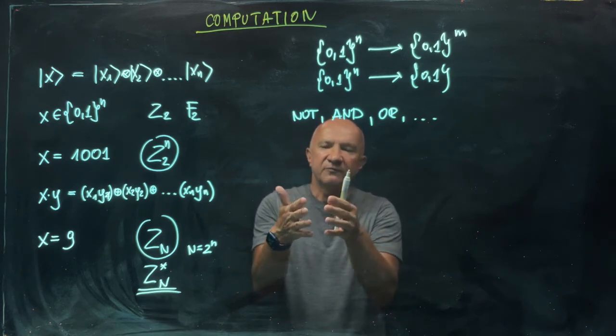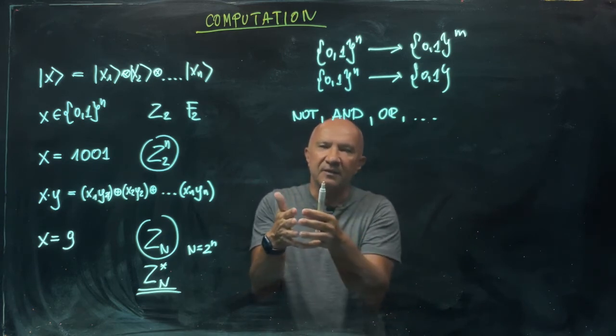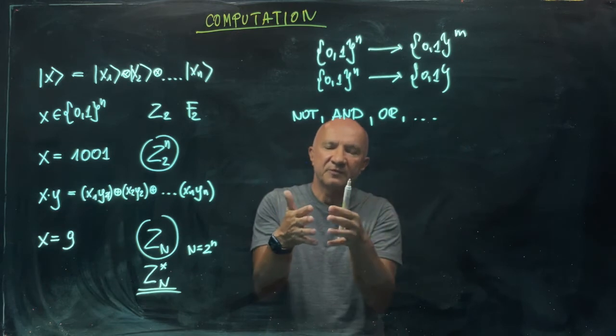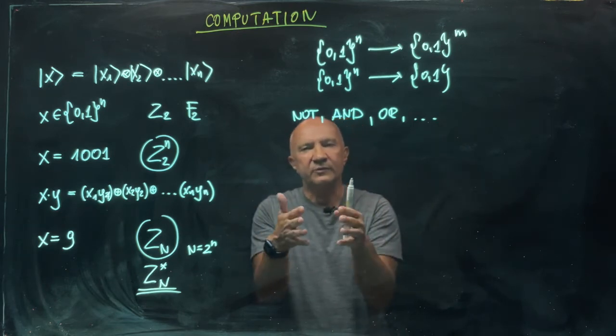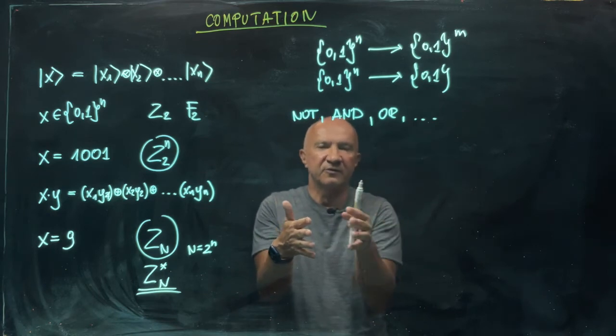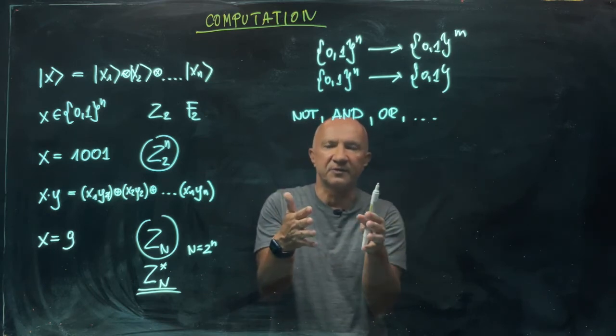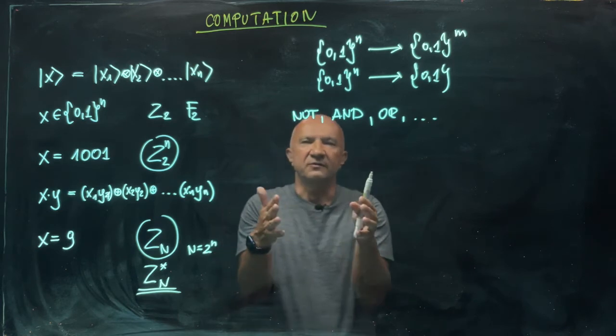For example, with logical AND, you lose information about your input when you progress through it. You do useful computation, but you cannot just go backwards. So it's an irreversible operation, and that actually costs you energy.